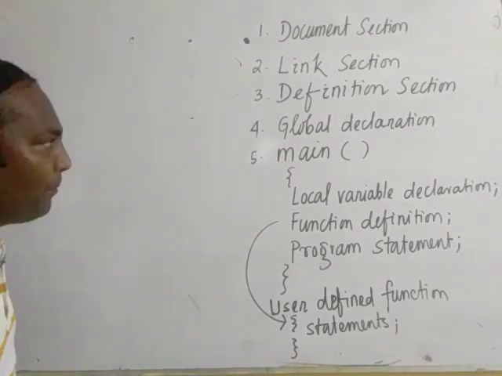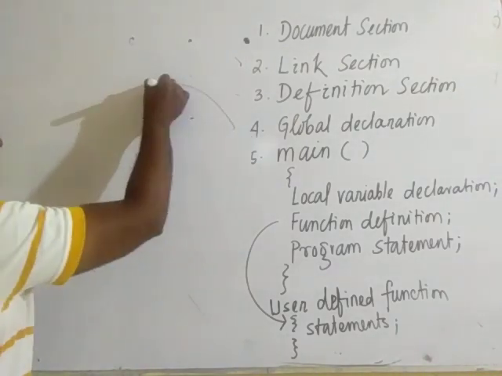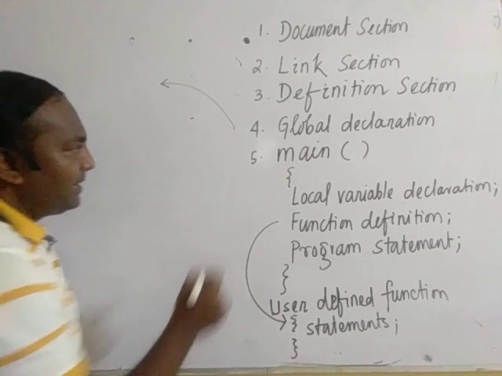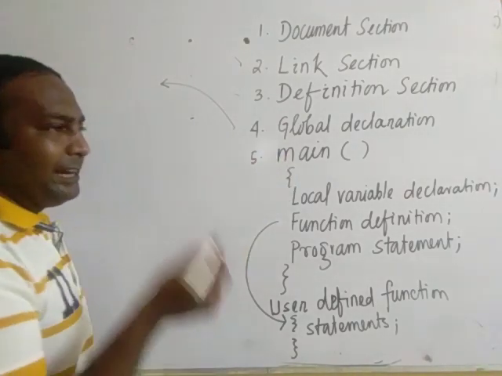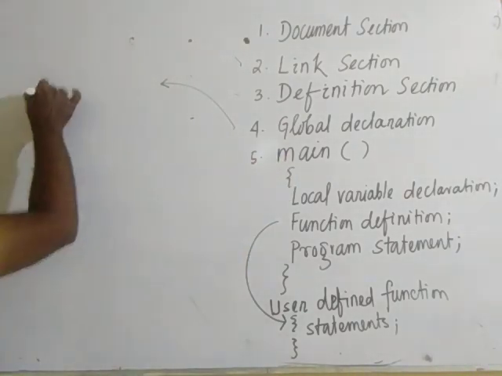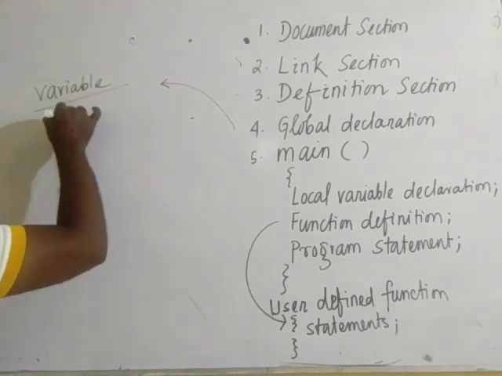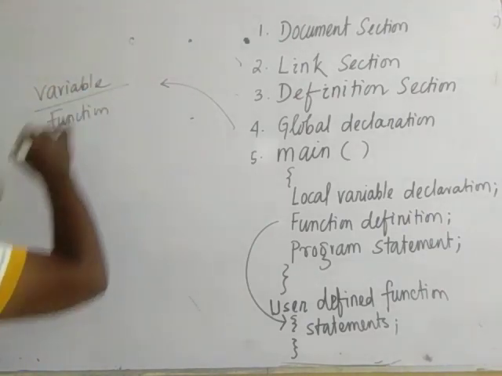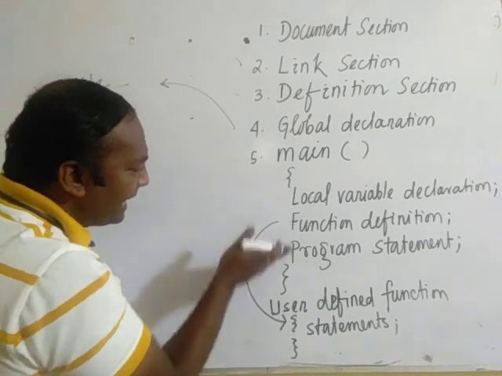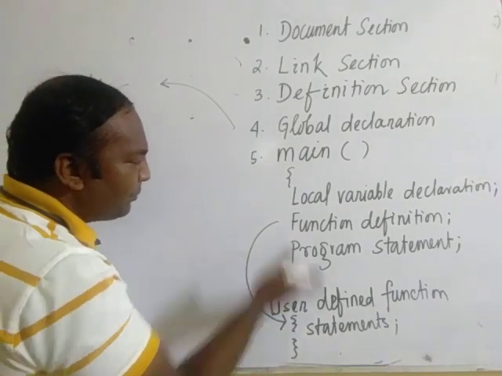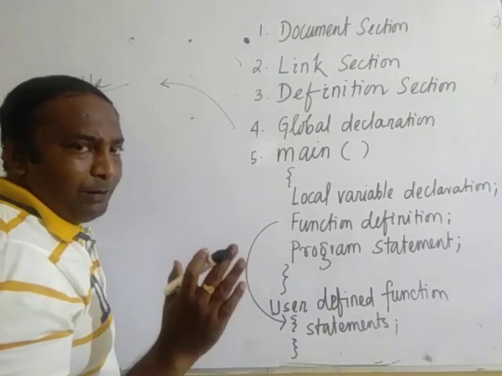Next is the global declaration. What is global declaration? Global declaration means if I declare any variable or function globally, then it can be used by any function or any part within our program.